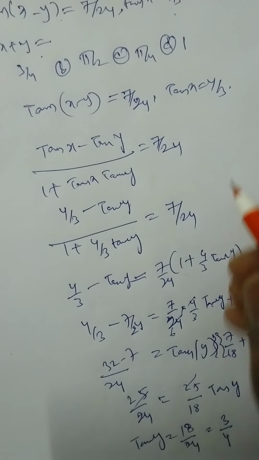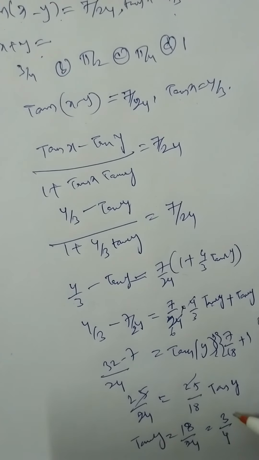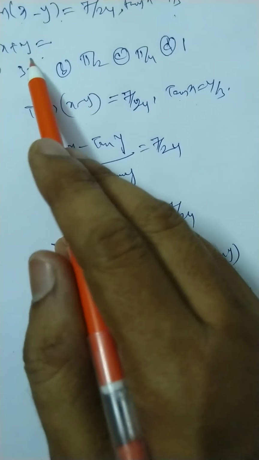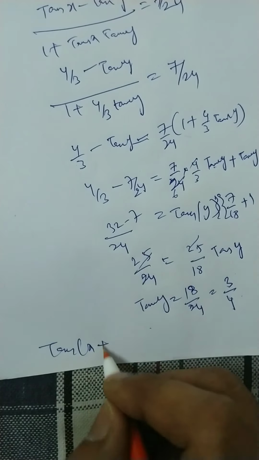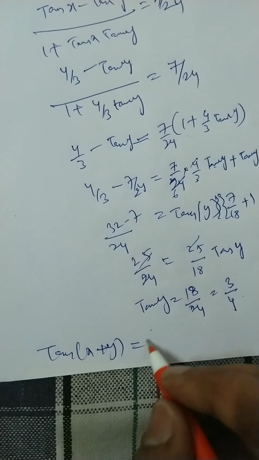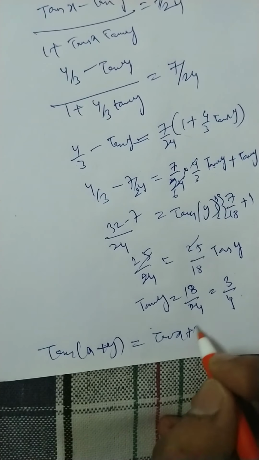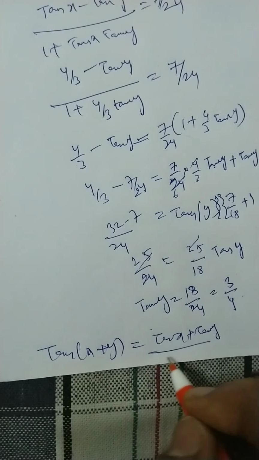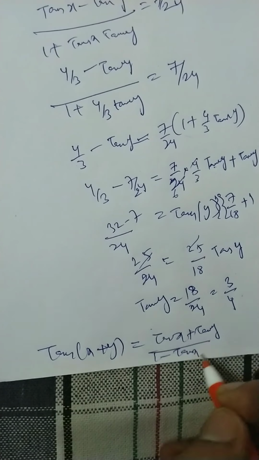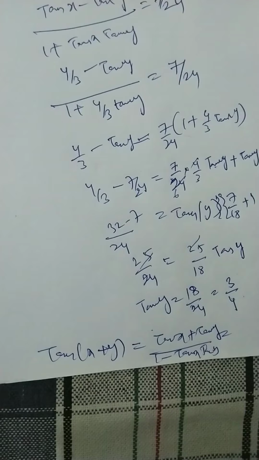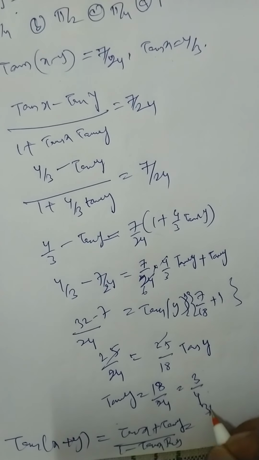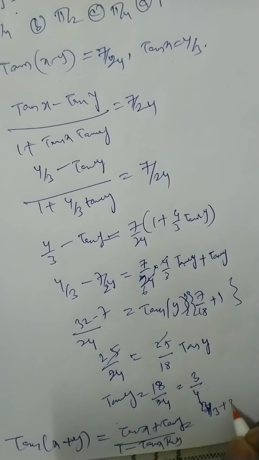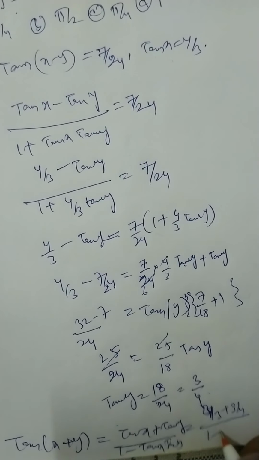Now use this tan x value 4 by 3 and tan y value 3 by 4 to get the value of x plus y. We apply the trigonometric formula for the tan of the sum of angles. So tan of x plus y is equal to tan x plus tan y by 1 minus tan x into tan y, which is equal to 4 by 3 plus 3 by 4 by 1 minus 3 by 4 into 4 by 3.